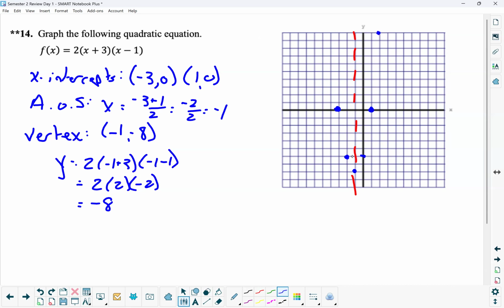And so I have those values on my graph. And I can try to sketch that graph. There we go. A little bit better.